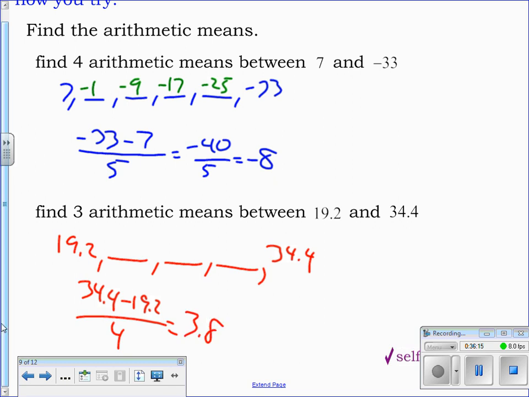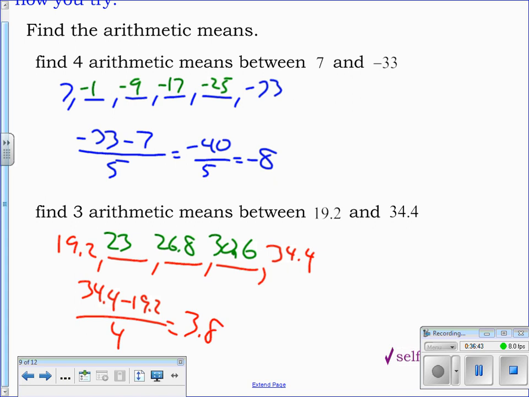So what do I do? I add 3.8 each time. I get 23, and then I get 26.8, and then how much? 30.6. Thank you. There you go. Not too bad.